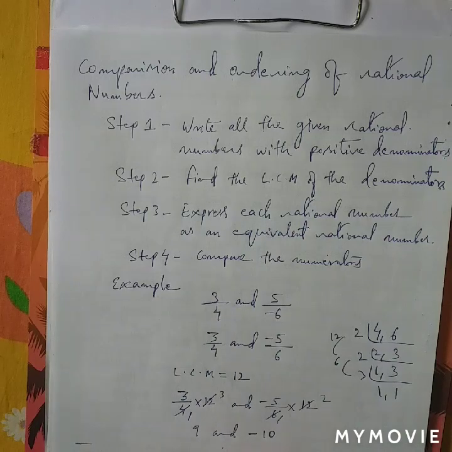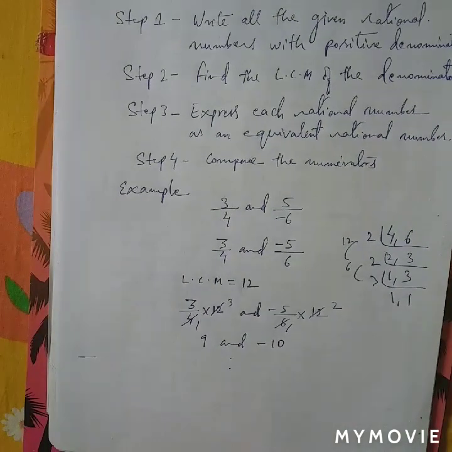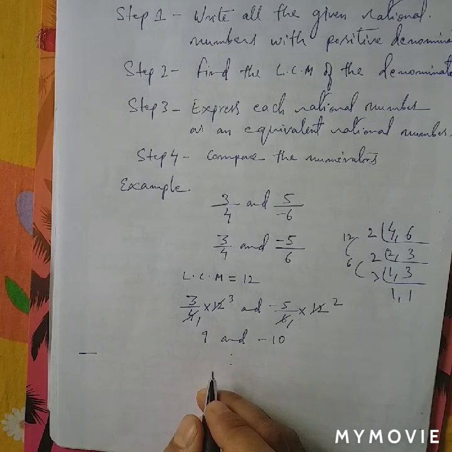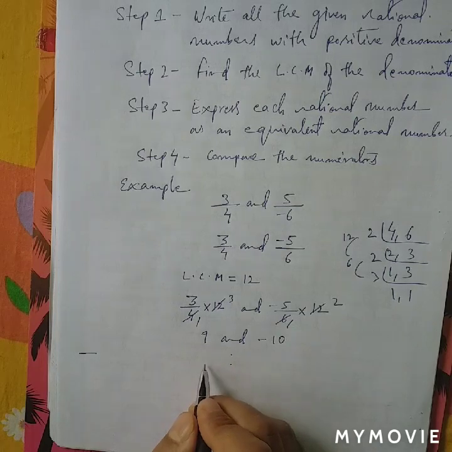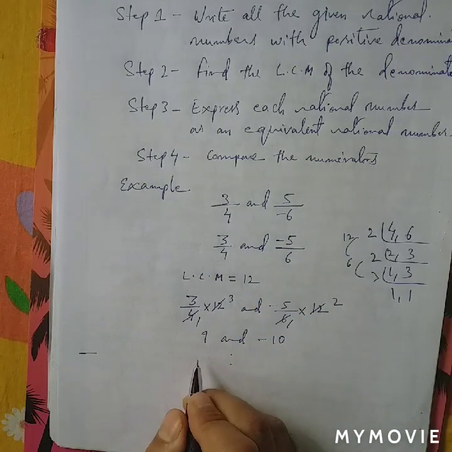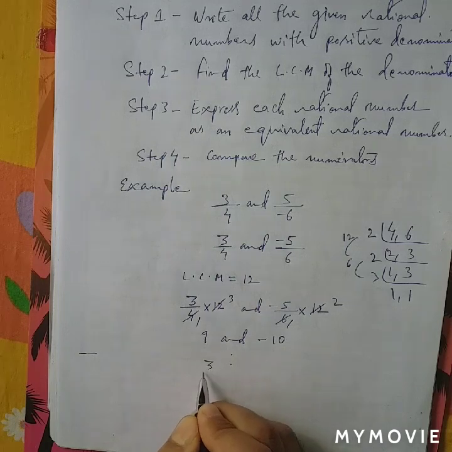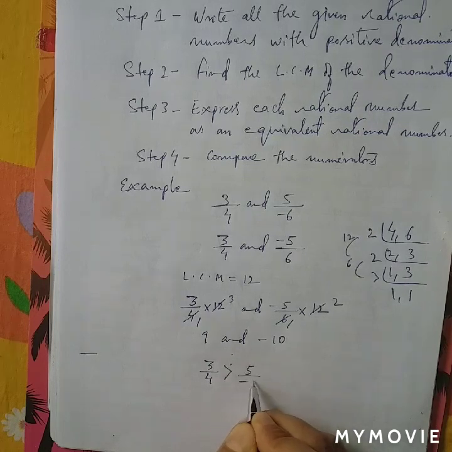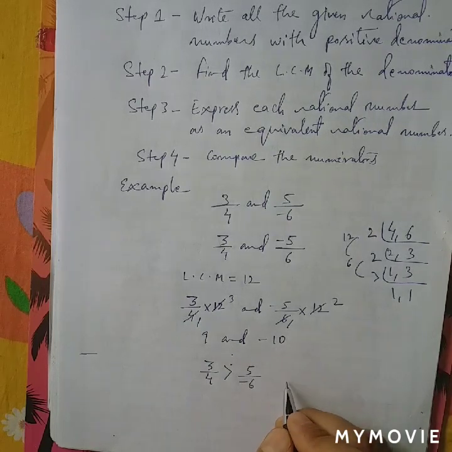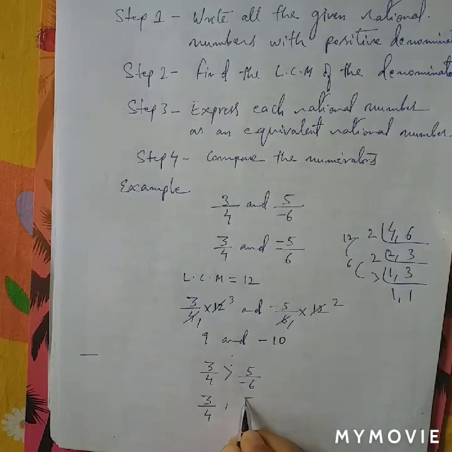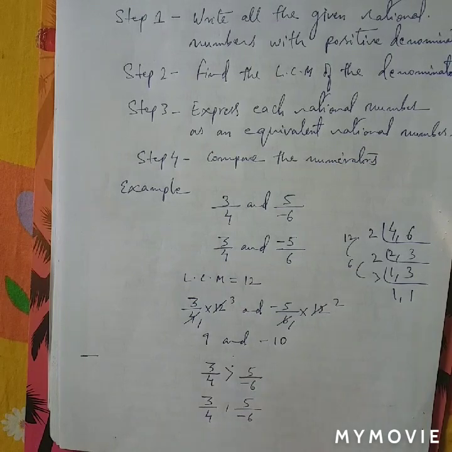So now we can easily understand which one is greater. Okay, 3 by 4 is greater and 5 by minus 6 is smaller, isn't it? So ordering we can write 3 by 4 is greater than 5 by minus 6. If we want to arrange it ascending, then we should write 5 by minus 6 comma 3 by 4. This one is a small example. We will do the exercises in clear manner.